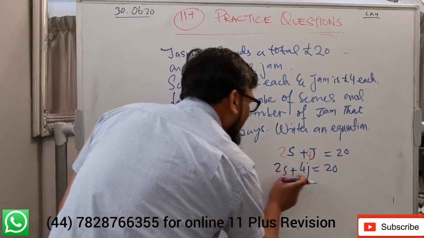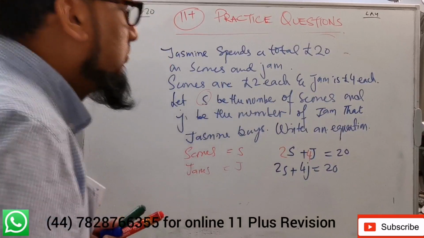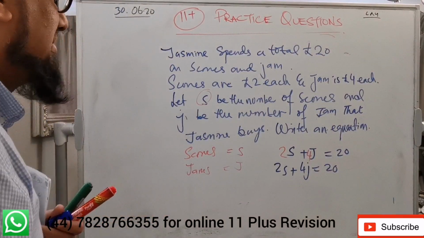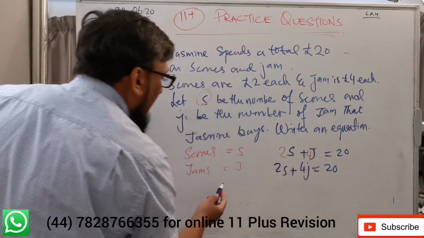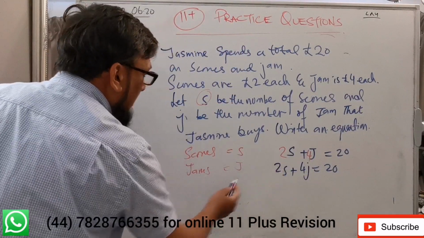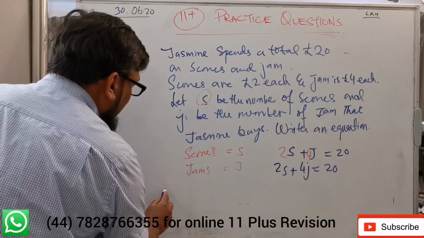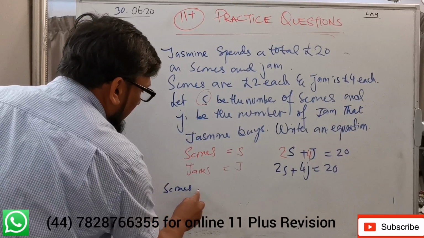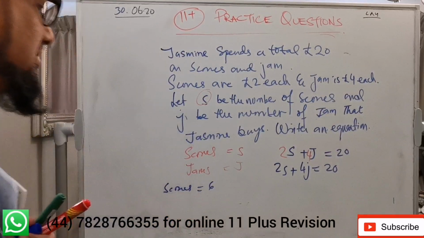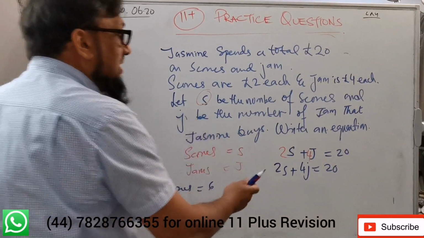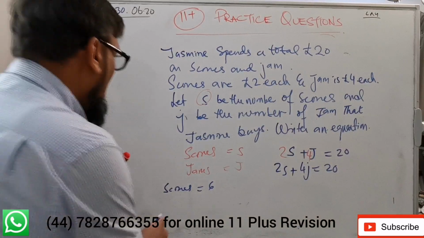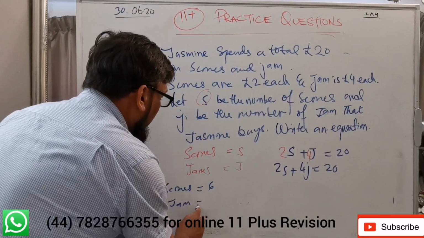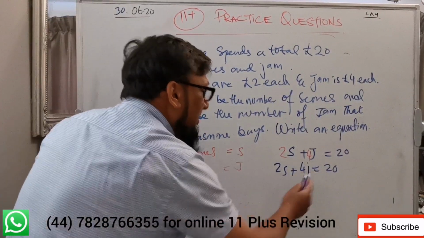So S and J are the quantities. For example, if the quantity of scones is 6, how many jars of jam can she buy within this 20?